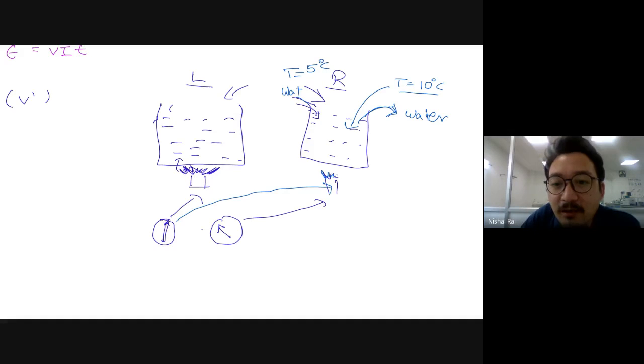Initially, you are burning at a slow heat, and you are pouring water and taking out water in such a manner that the temperature remains 10 degrees Celsius. Now you increase the heat by putting it on top. You make the heat maximum. Now, will this difference in temperature still be 10 degrees Celsius?